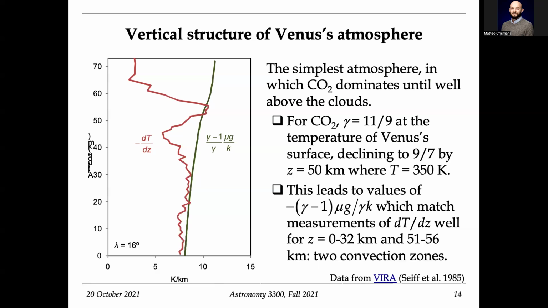This is a little confusing because it doesn't look like this, right? I am not plotting T by z. I'm plotting K per distance, which is like dT/dz, on the bottom, and on the top, the resultant altitude.